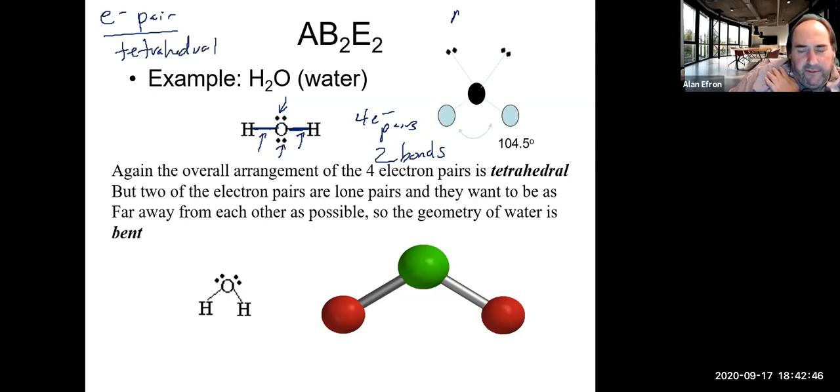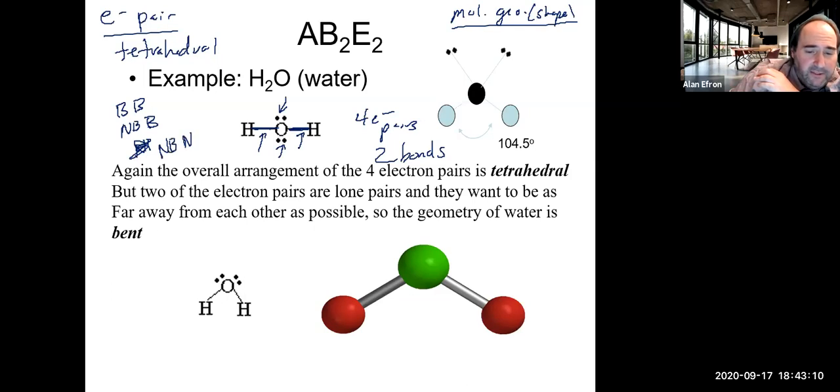Our molecular geometry name is going to be a little bit different here, and that is because we have all 3 electron interactions happening here. We have bonding electrons near bonding, we have non-bonding electrons near bonding electrons, and the worst interaction of them all, non-bonding electrons near non-bonding electrons.